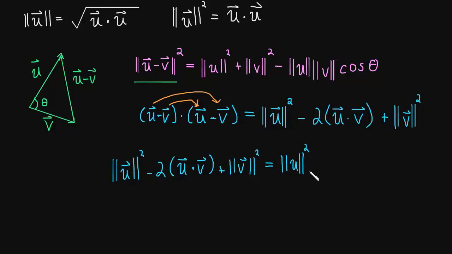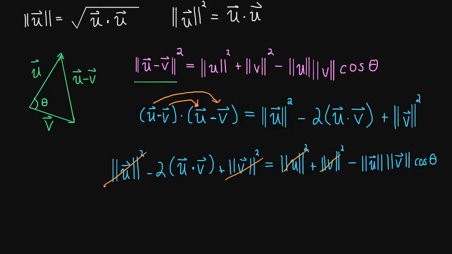So this is now the right-hand side of the equation from up there, plus the length of v squared minus the length of u times the length of v times the cosine of the angle between them. Okay, so now we get to do a lot of canceling here. So let's see. This and this are going to go away. We can subtract those from both sides. Those are going to go away.